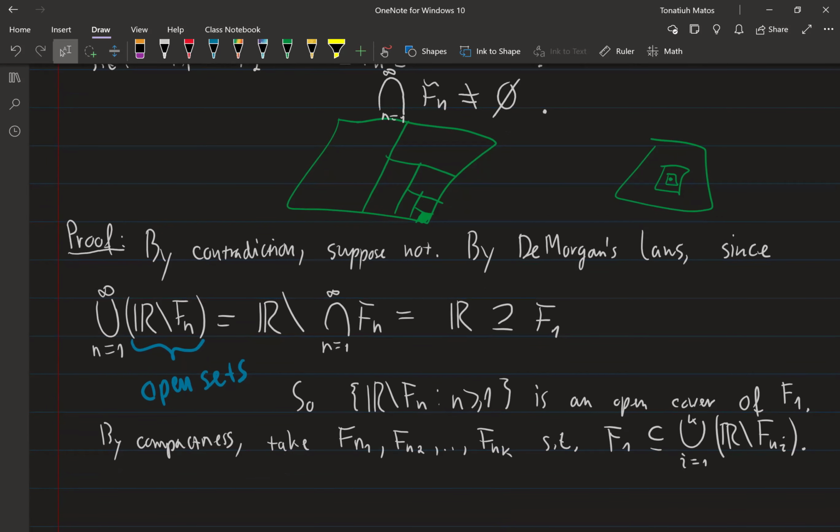So what do we do? There's one hypothesis that we haven't really used.